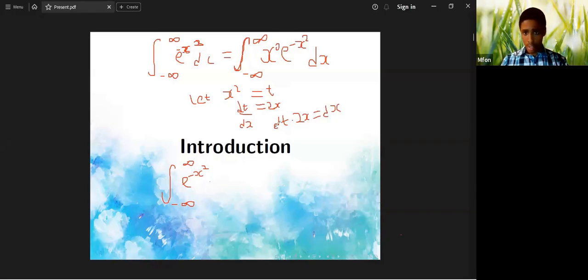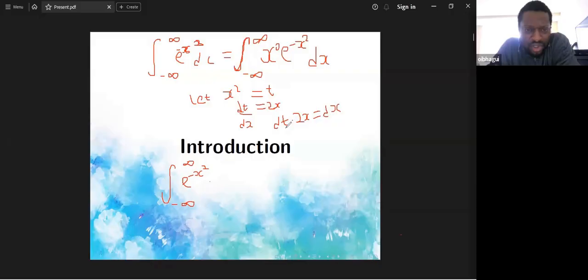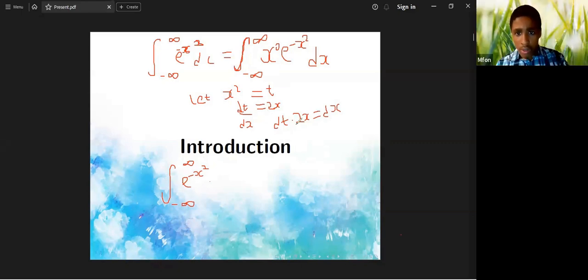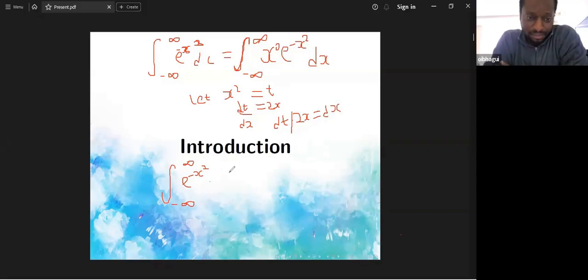Can you look at the substitution again? I think there is a small typo somewhere. So if dt/dx is 2x, then dx is equal to dt over 2x. Exactly, sorry, yeah.